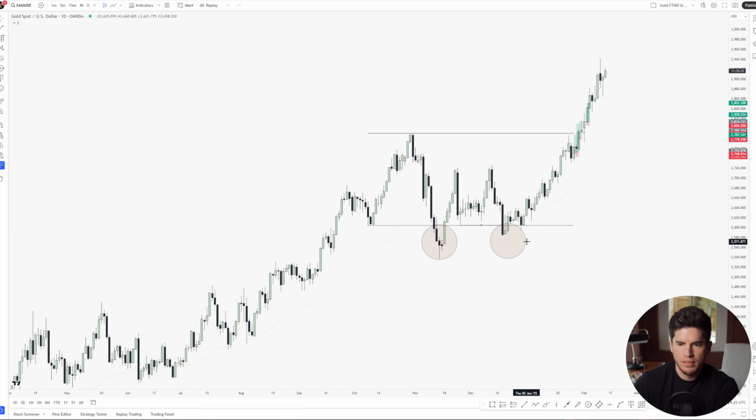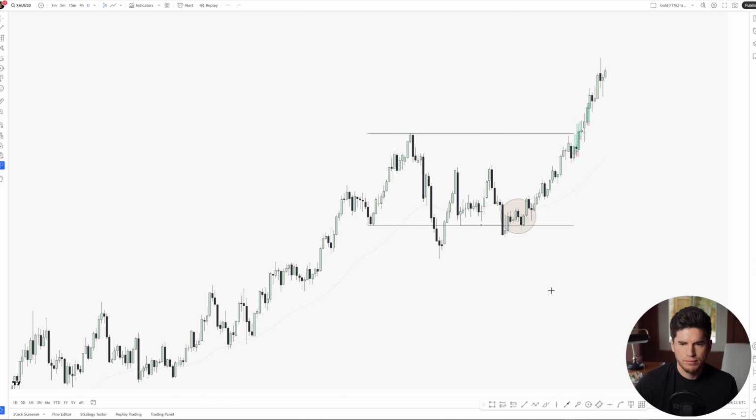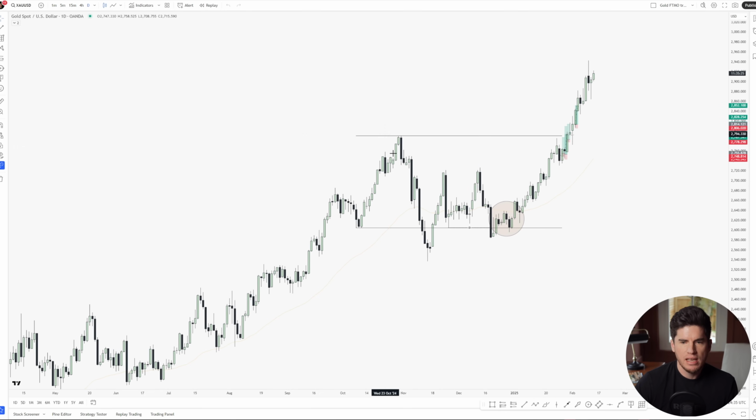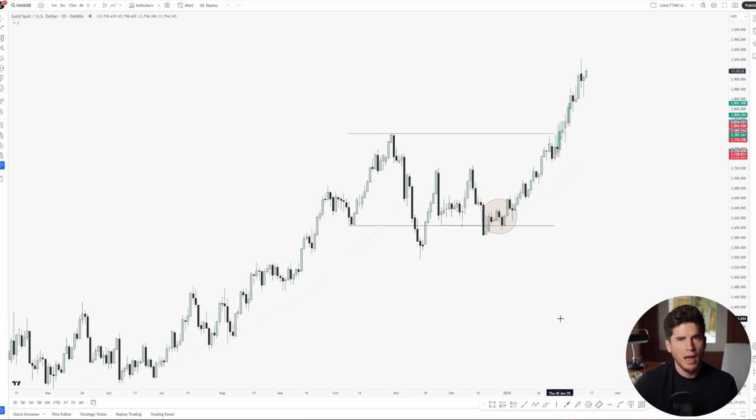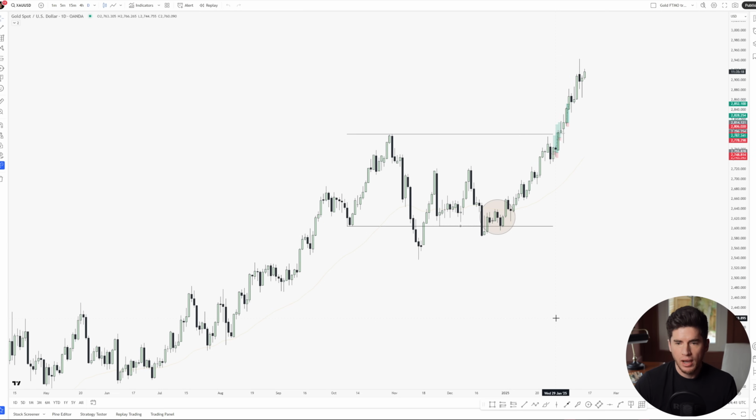Now it's inside this area that I'm circling that I want to drop down to the 4 hour to identify a market structure shift, because when we are seeing daily lower prices, the 4 hour will be bearish, right? Now, for me to want to start buying, I at least want the 4 hour to be bullish.